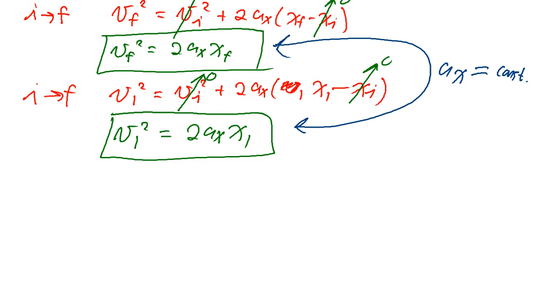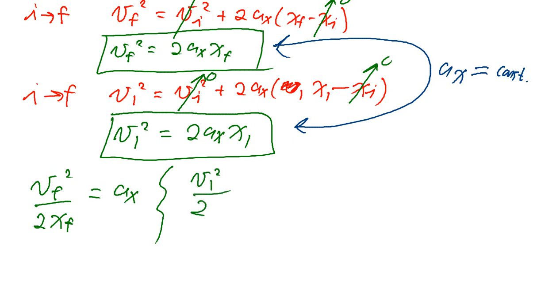For the first case, vf squared over 2 times xf equals a sub x. For the second case, v1 squared over 2x1 equals a sub x. Since the right-hand sides are the same, the left-hand sides have to be the same as well.